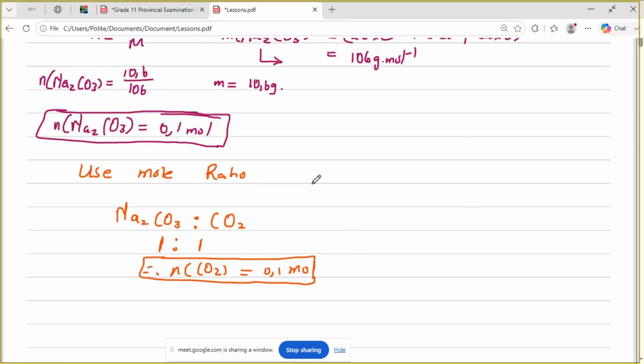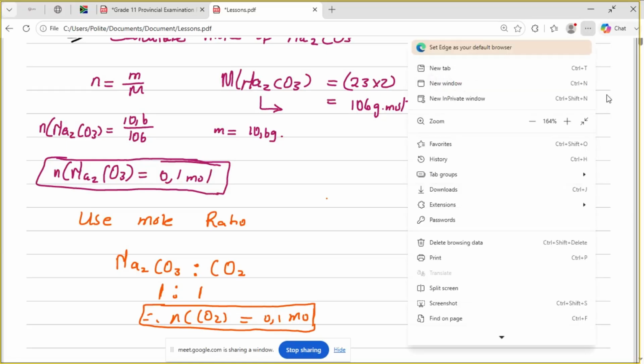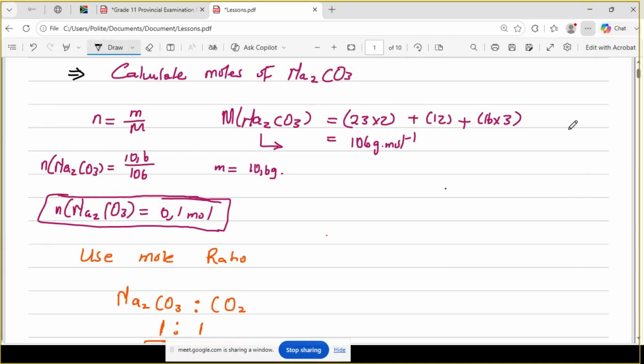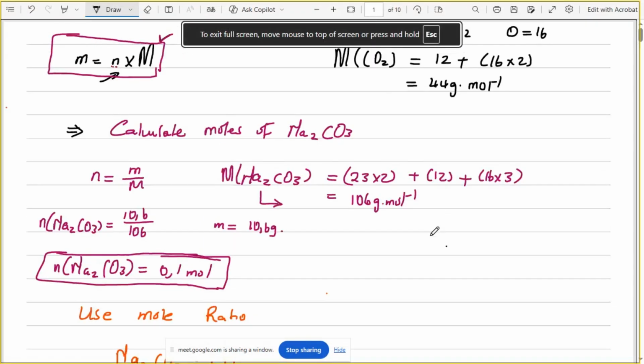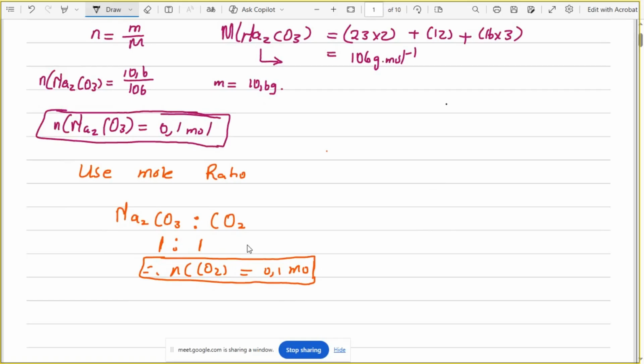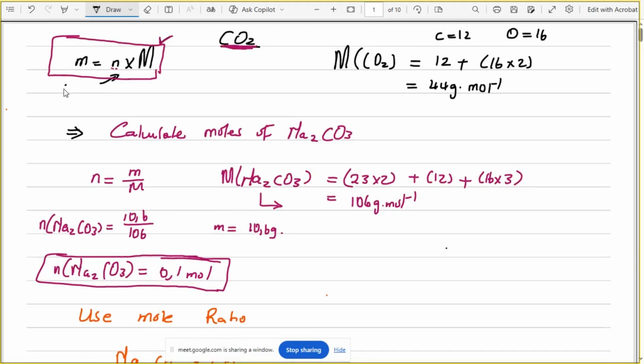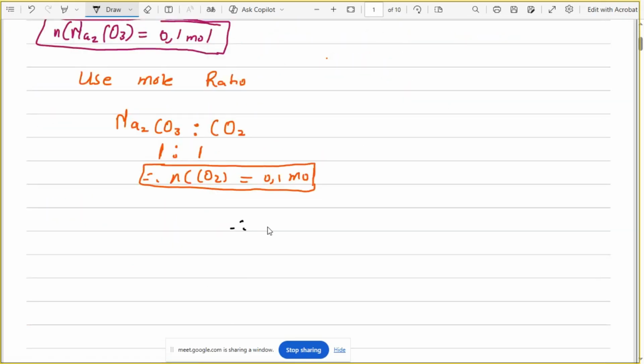So now you take this number of moles and substitute it back into that equation. Let me write it down here. Therefore, the mass is the number of moles times the molar mass. The number of moles is 0.1 multiplied by the molar mass of CO2, which I think was 44, right?